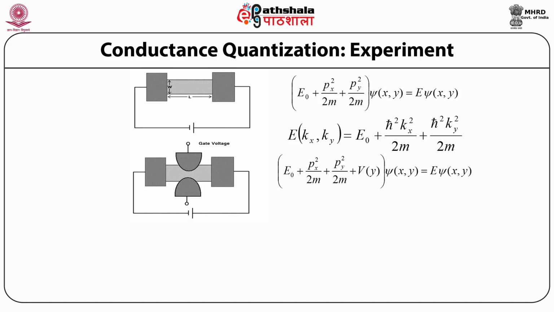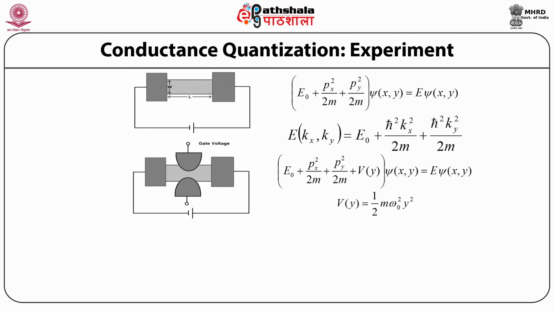The figure shown on the left hand side shows the schematic of the current carrying conductor in 2D, that is, without gate bias and with gate bias. Now in the presence of gate bias, the Schrödinger equation takes the form, that is, we add one extra term, that is V(y), where V(y) is equal to half m omega naught square y square.